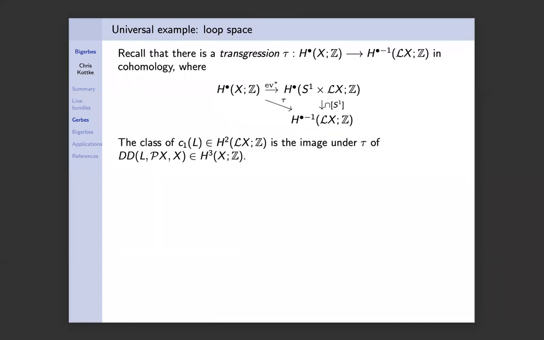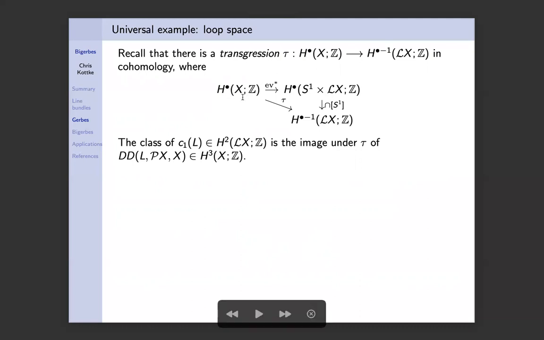There's a well-known transgression map in cohomology that passes from the cohomology of a space to cohomology of degree 1 lower on the loop space. This is maybe how to write it down in general. If you take the circle times the loop, there's a natural evaluation map to the space X, which is just evaluating the loop at each given point on the circle.